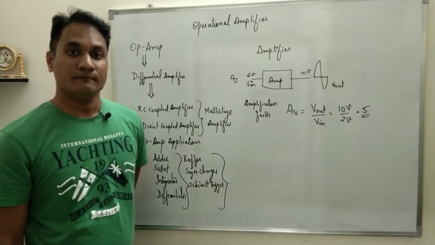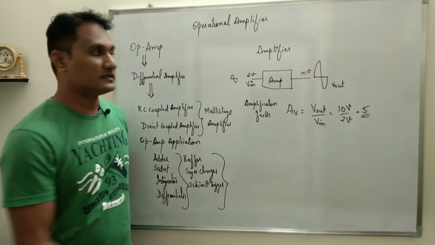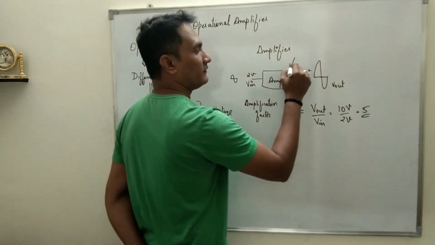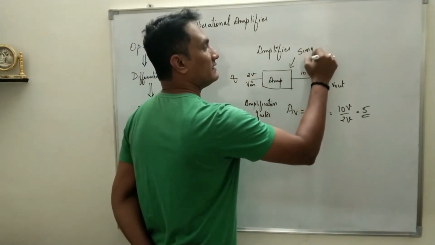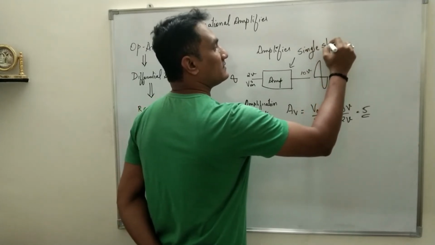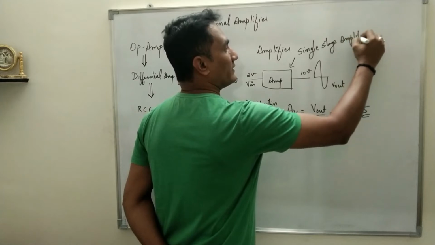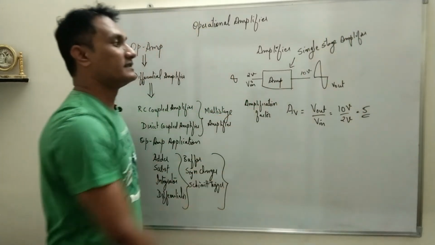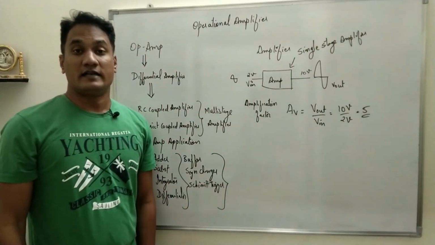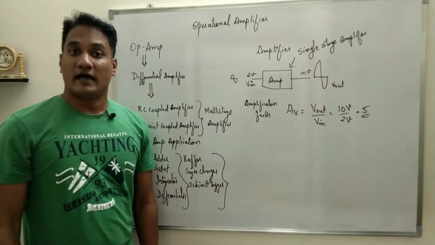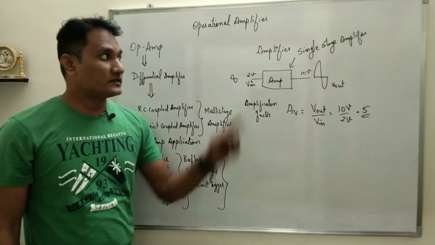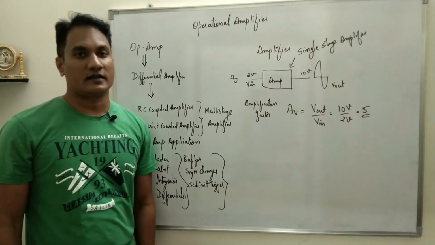Sometimes what happens is, this type of amplifier is called as single stage amplifier. Okay, they are called as single stage amplifier. And sometimes the amplification factor of single stage amplifiers are not enough.